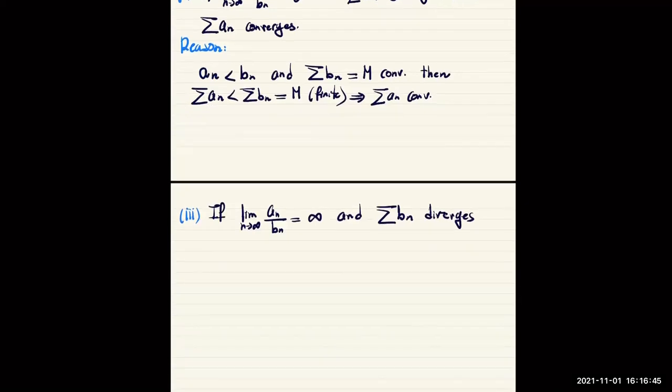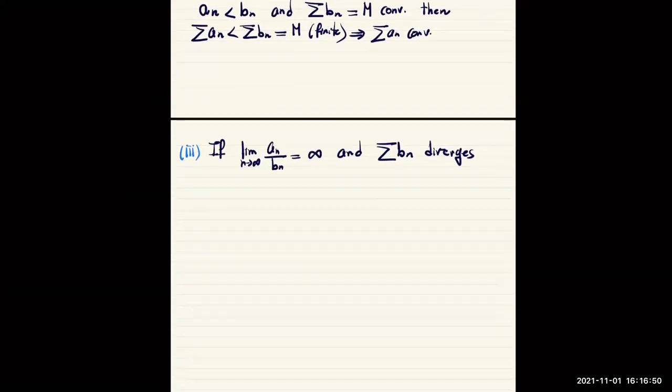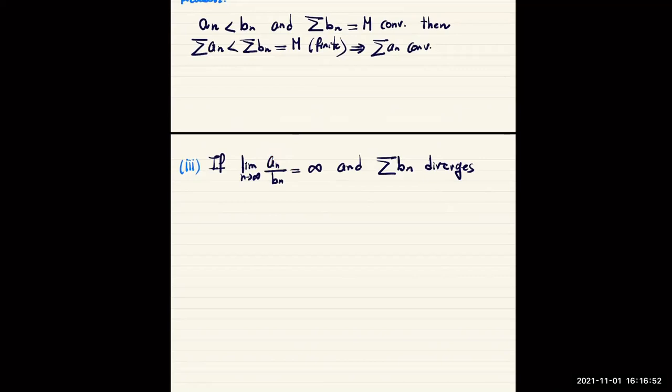So let's rewrite this, guys. If a sub n to b sub n goes to infinity, then a sub n grows much faster than b sub n. This is telling us that a sub n is greater than b sub n. Just think about that. And we are also told that the series of b sub n is infinity.